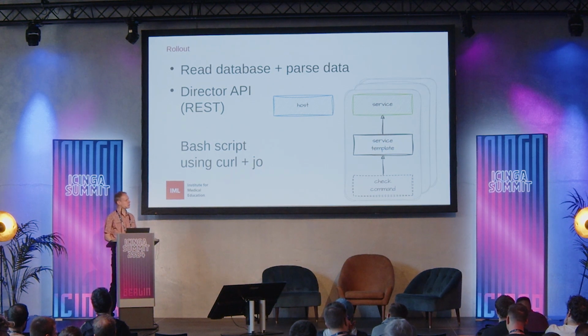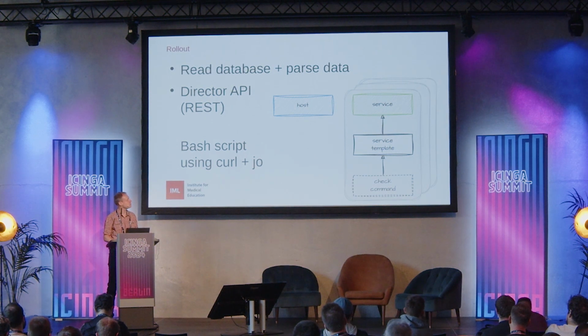Additionally, we have to prepare Icinga so that it knows a new host arrived and has its services and wants to send data to Icinga. That's why we create, on one hand, the host object in the Director, and we create the service object in the Director. The service object is linked to the service template, which is linked to the check command, which we already imported before with the Director.